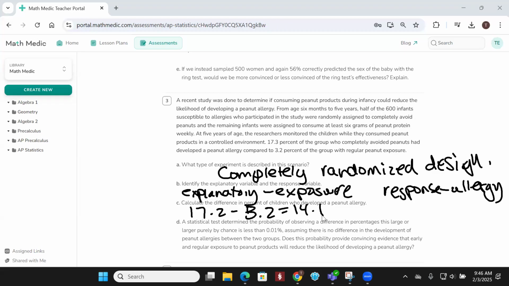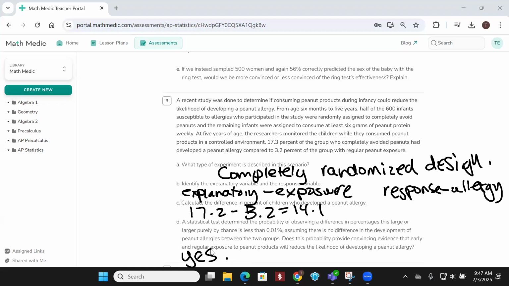Does this probability provide convincing evidence that early and regular exposure to peanut products will reduce the likelihood of developing a peanut allergy? Why? Oh, you gotta give me something other than logically. Okay, so yes, there is convincing evidence.